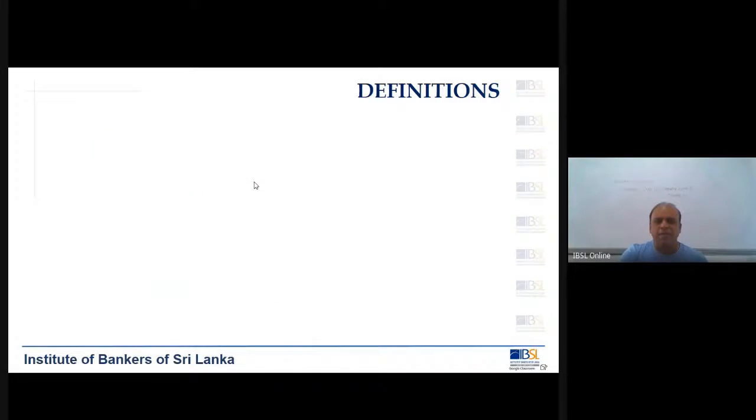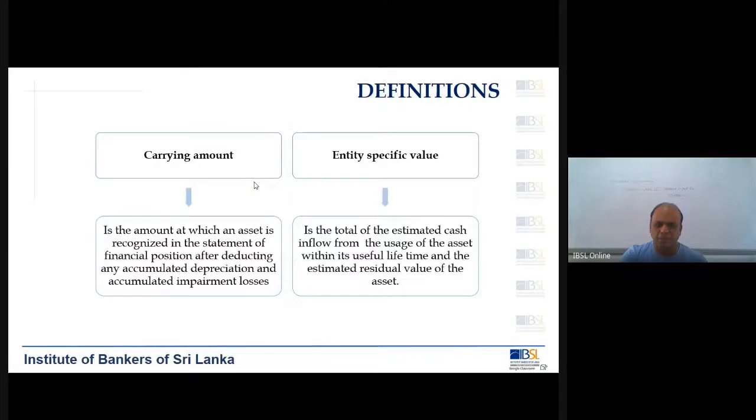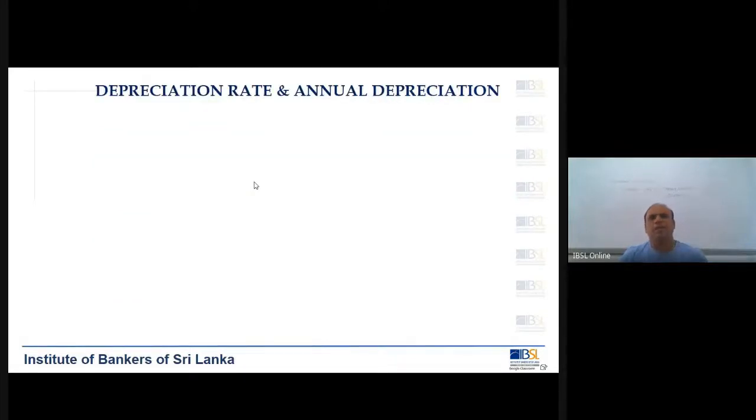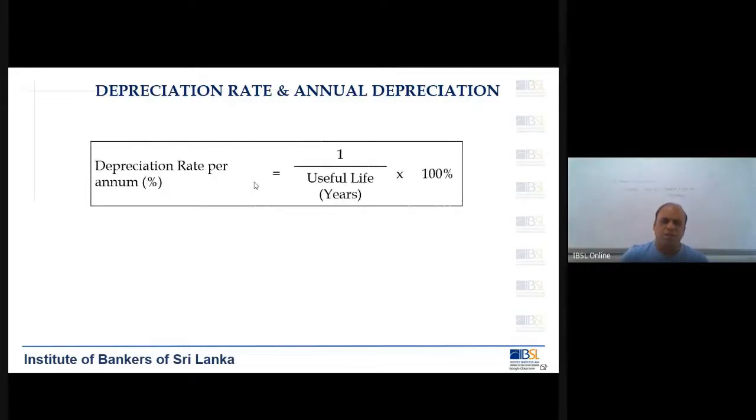Okay. So if you really look at it, the carrying amount and the depreciation are very important definitions. Okay, and now we look at the depreciation rate and the annual depreciation. So the depreciation rate is calculated as 1 over useful life into 100%. This is one understanding that you need to have with regard to the fixed asset calculation.